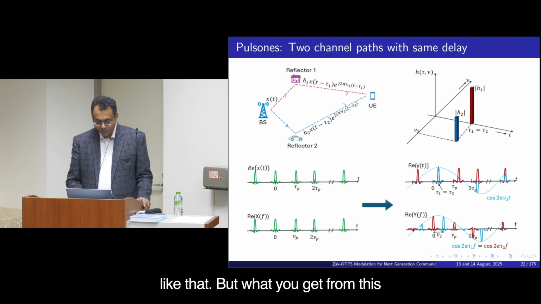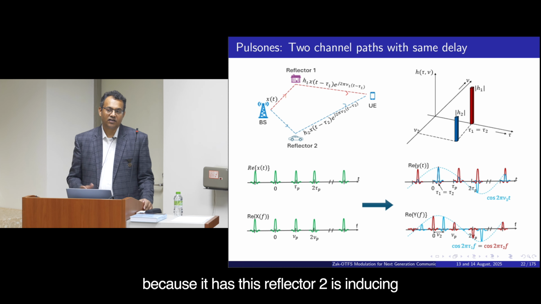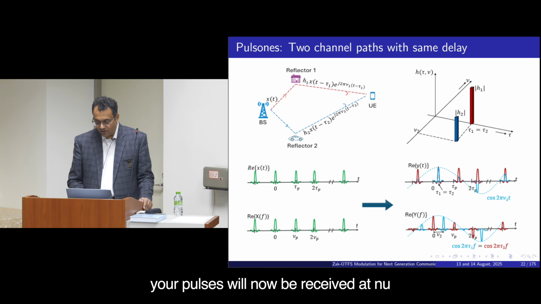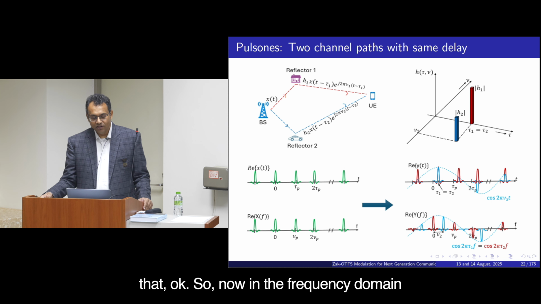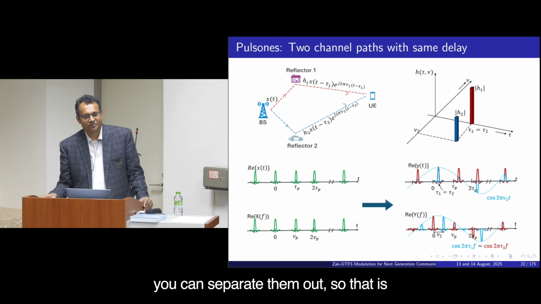But what you get from this blue reflector will be shifted by nu 2, because reflector 2 is inducing a Doppler shift of nu 2, and so your pulses will now be received at nu 2, nu 2 plus nu p, and like that. So now in the frequency domain you can separate them out.